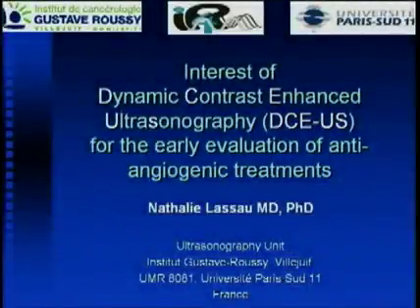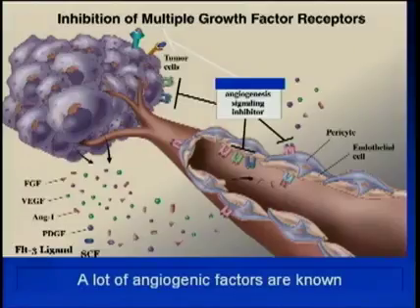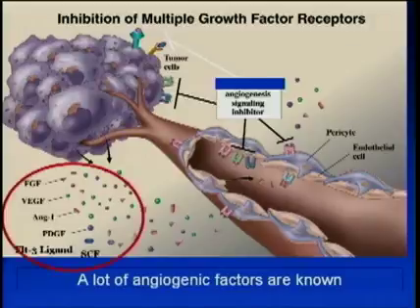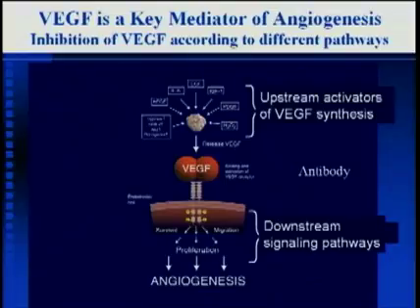So I would like to explain the interest of dynamic contrast enhanced ultrasonography for the early evaluation of anti-angiogenic treatments. Before that, I would like to give you an introduction to angiogenesis. Remember, we have a lot of angiogenic factors, more than 30, and the strategy is to block the development of neovascularization in order to stop the tumors.